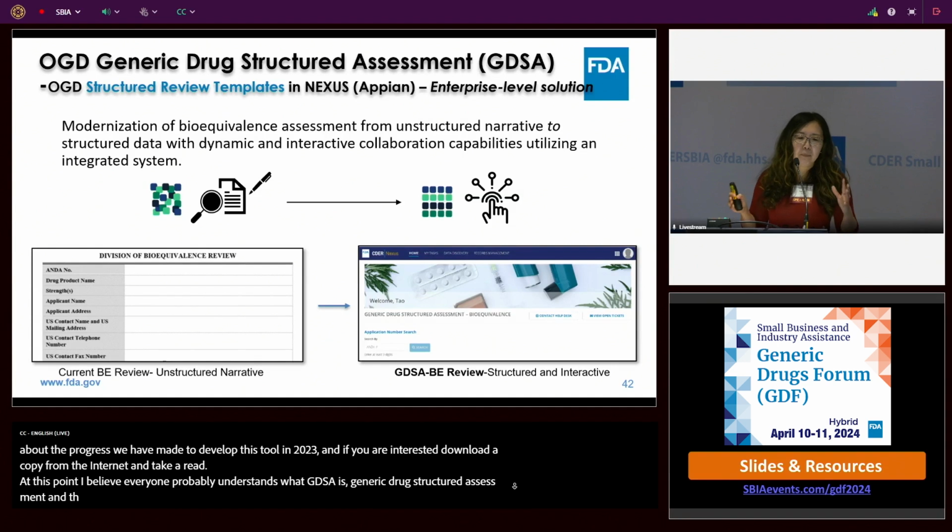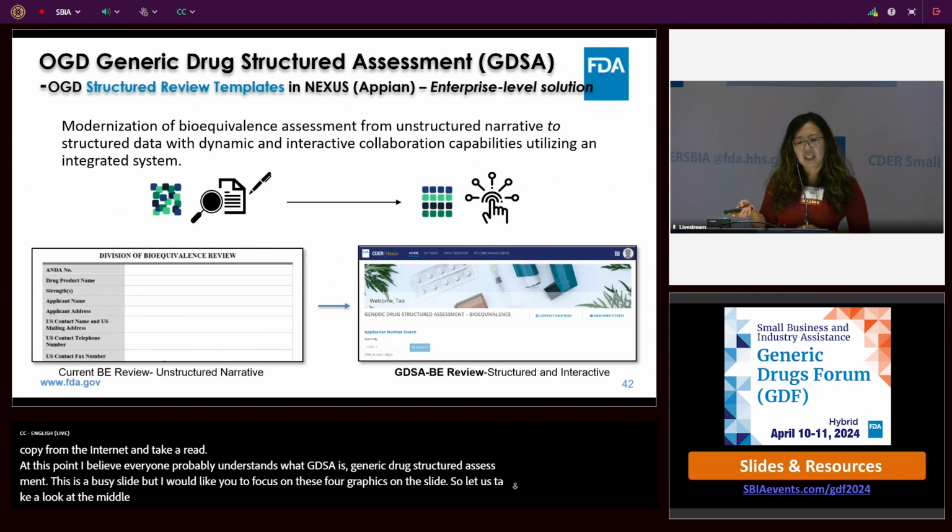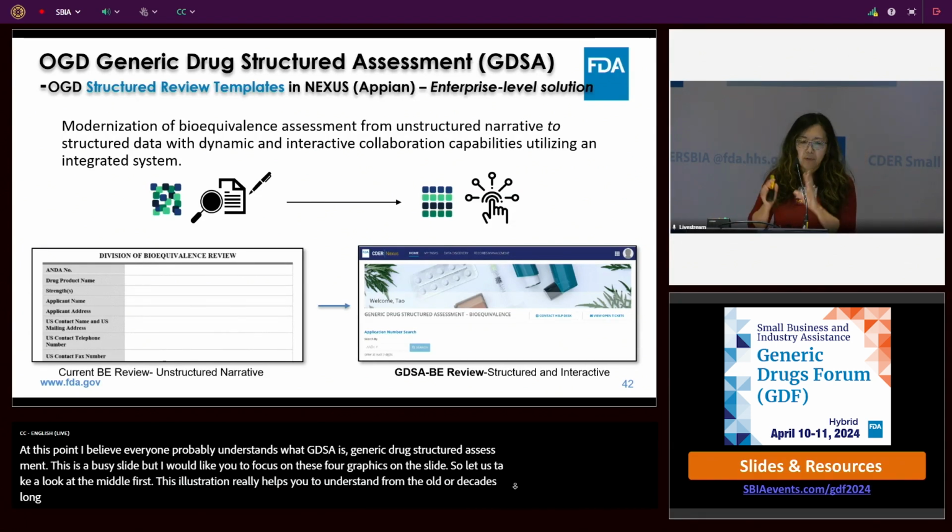This is kind of a busy slide, but I'd like you to focus on these four graphics on the slide. Let's take a look at the middle row first. This illustration helps you understand the move from the old, decades-long, text-based disordered form, which is on the left, to a more future, structured state of the regulatory assessment.